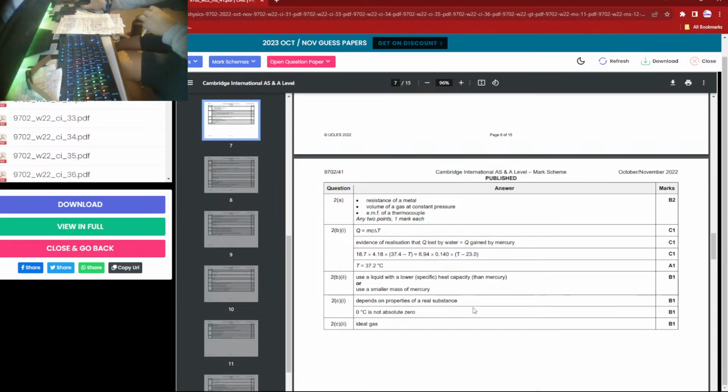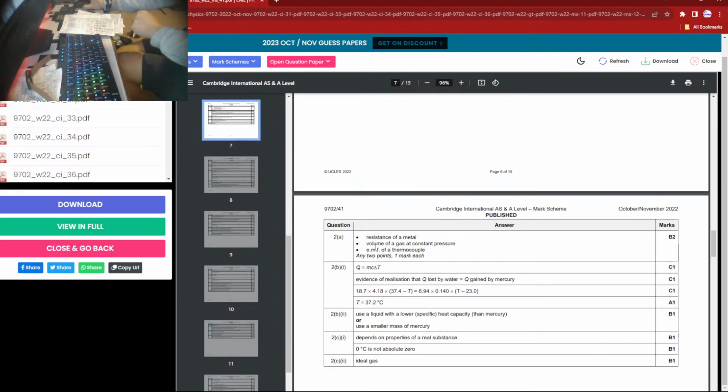Use a liquid, use a smaller mass of mercury, so I did use that. Okay, 37.2. Is that my answer? That is my answer. Okay. Resistance of metal, EMF of the thermocouple. Okay, and volume of gas at constant pressure. Okay.